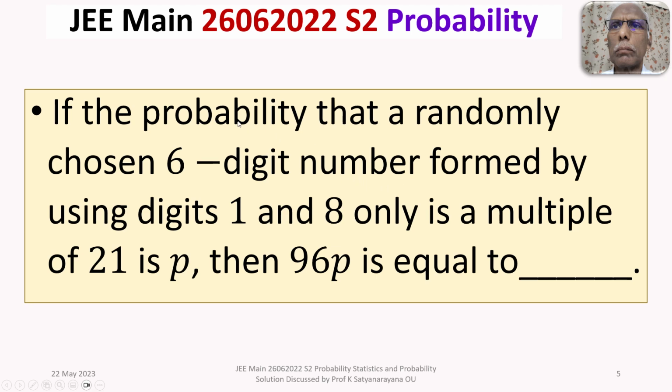From these, a number is randomly picked up, and that picked up number is a multiple of 21. If the probability of picking up such a number is P, then we have to find out 96 times P.